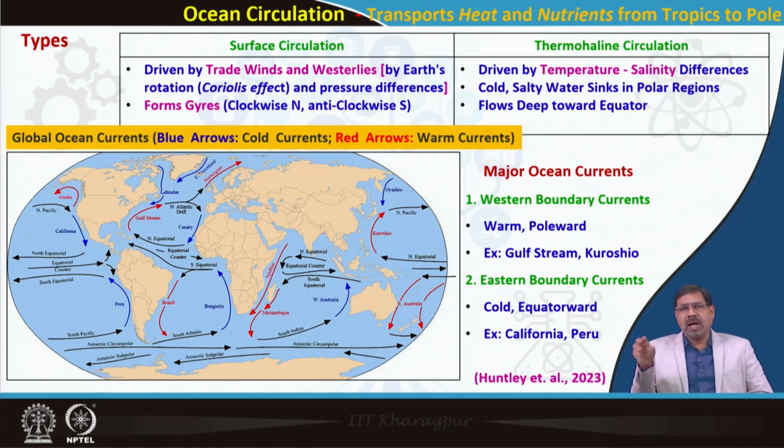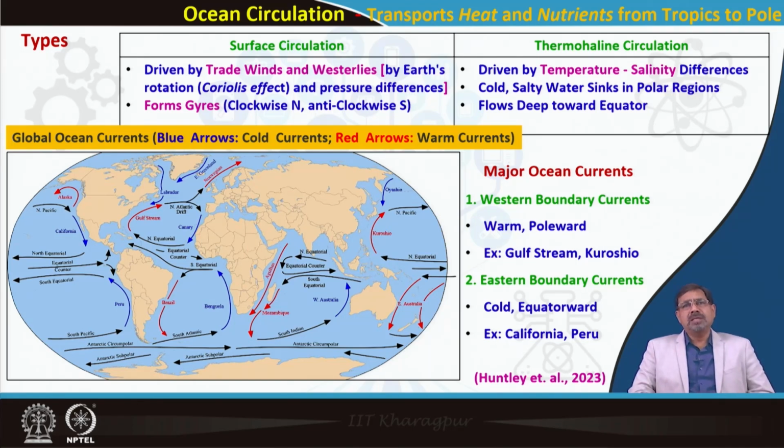Then coming to type two, the thermohaline circulation, it is based on the temperature and salinity gradient, along which water moves from higher to lower. So we put it as temperature and salinity differences.